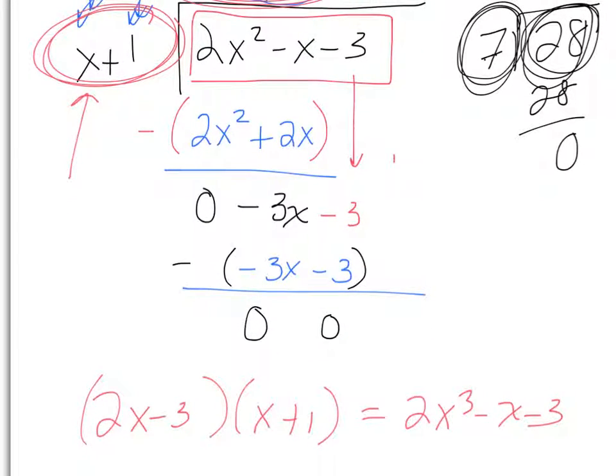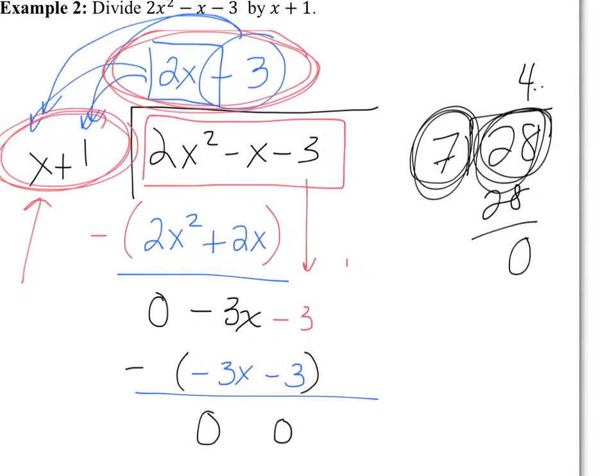So you should jot this down. If the remainder is 0, the quotient and divisor are factors of the dividend. Use 4 and 7 to help yourself. Again, here we noticed when the remainder was 0, we recognized that the quotient and the divisor were factors of the dividend.